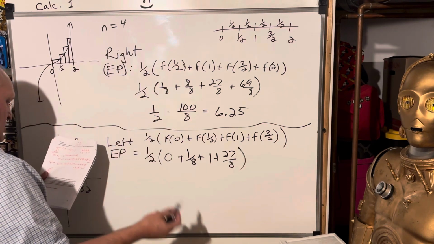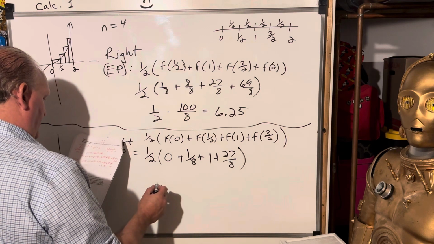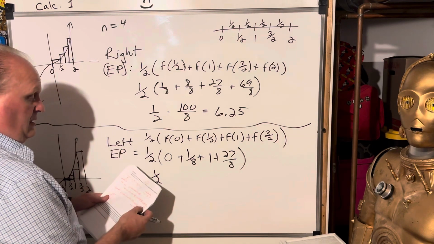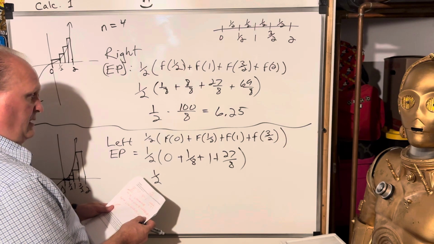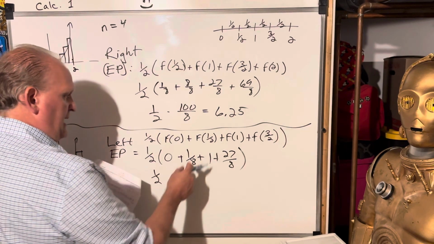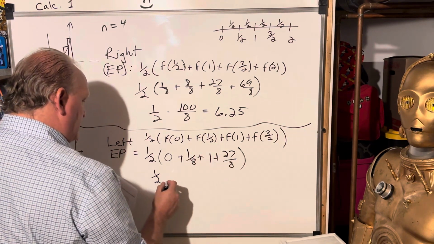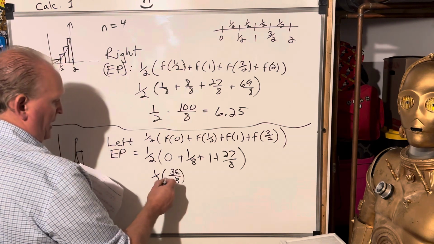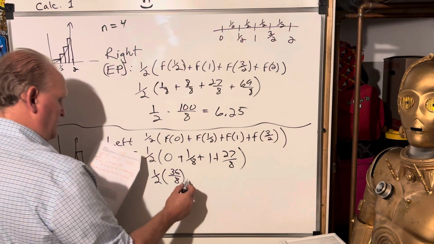And then I add those up. And so that ends up to be 1/2 times 36/8, or 18/8, 2 1/4.